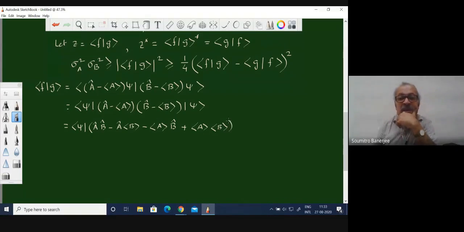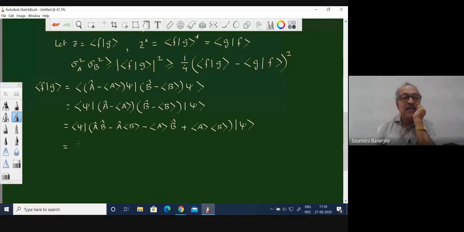Then I close the bracket and psi. There are 4 terms here, and by property, that means this is nothing but a big integral, psi star, then this, then psi, and this integral has all these terms, and because the sum of integrals is integral of sums, we can distribute this.